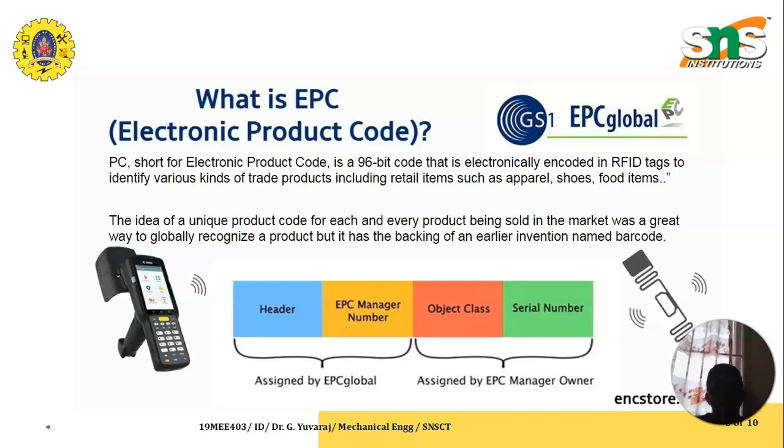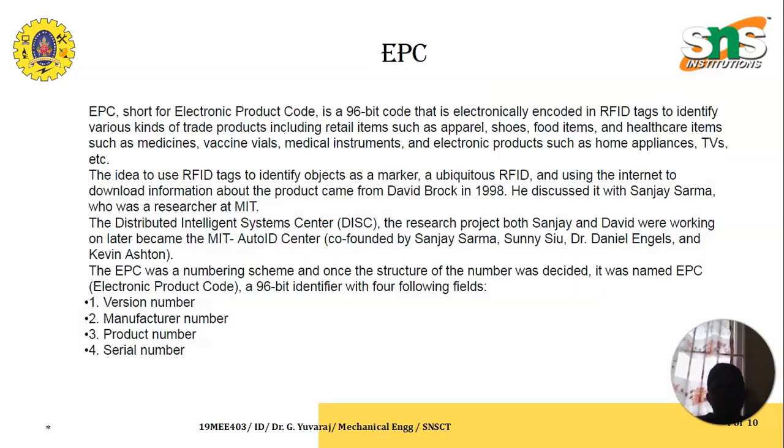In order to identify what kind of product it is, how the EPC manager number has been assigned, and what kind of object class it is, we assign an EPC number to each and every selling product.